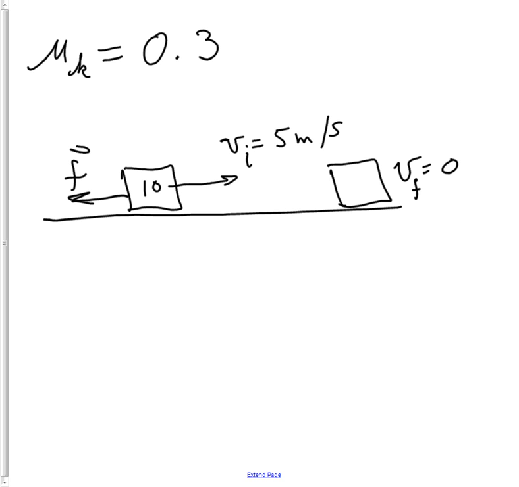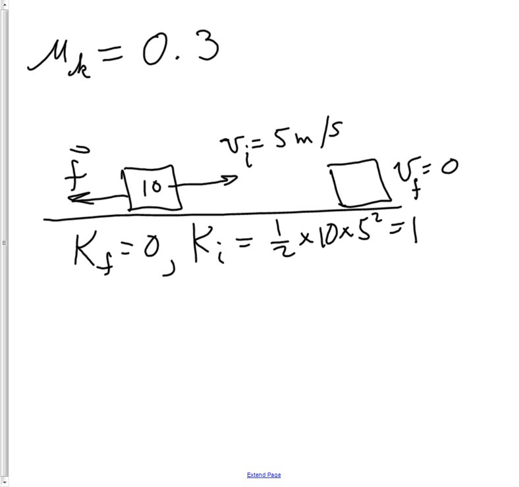And so the kinetic energy at the end is 0. The kinetic energy at the beginning is equal to 1/2 times 10 times 5 squared, which is 5 times 25, is 125 joules.